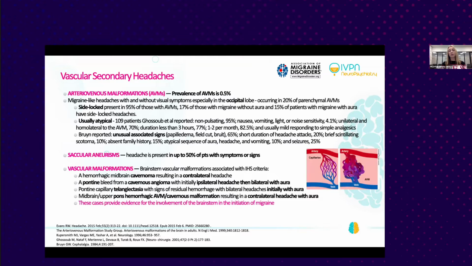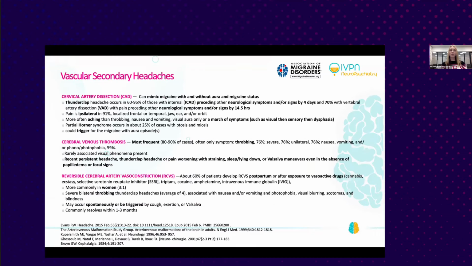And depending on the level, if we're talking about the upper level of the brainstem, we'll be talking about a contralateral headache, and if we're talking about a little bit lower lesions, we'll be talking about an ipsilateral headache. Why is that important? Because it has helped scientists determine and prove that there is evidence for the involvement of the brainstem in the initiation of migraine.